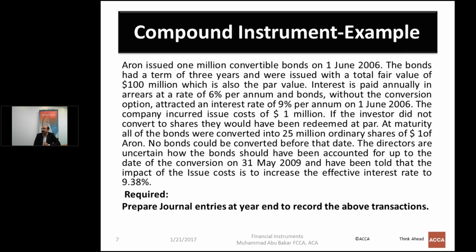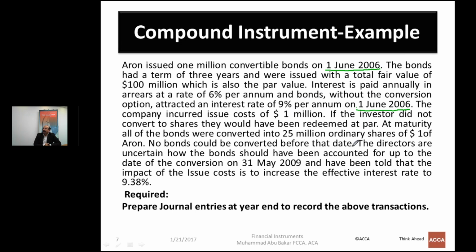Interest is paid annually in arrears at a rate of 6% per annum, and bonds without the conversion option attracted an interest rate of 9% per annum on 1st June 2006. 1st June 2006 is the date when you issued these convertibles.